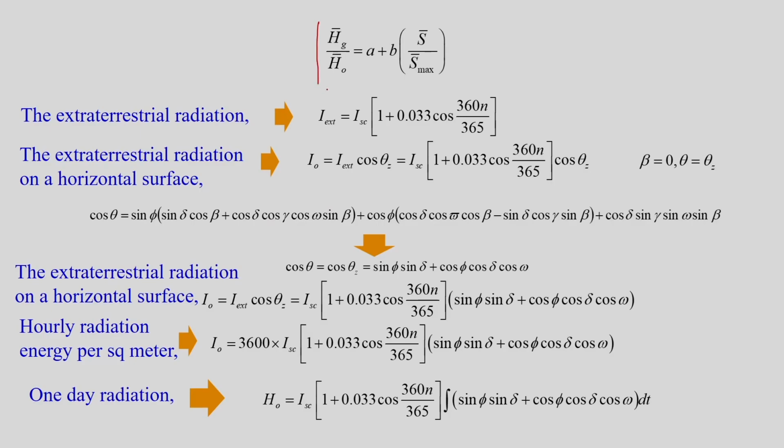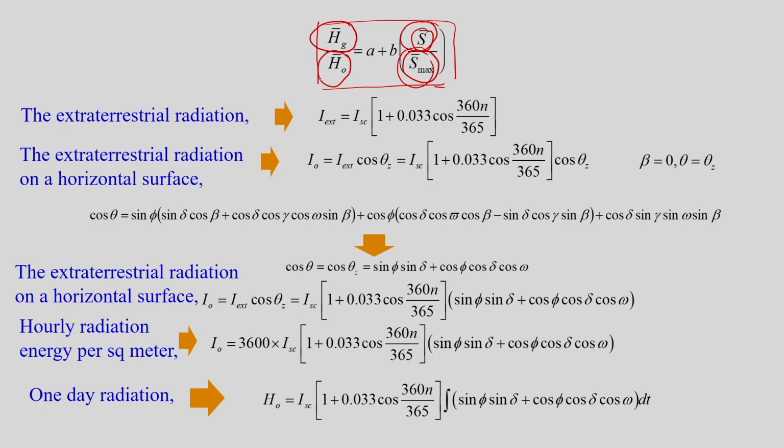Hg bar to H naught bar is equal to A plus B into S bar to S max bar. As you know, these are measured parameters, Hg bar and S bar. So, this H naught bar and S max bar need to be calculated.